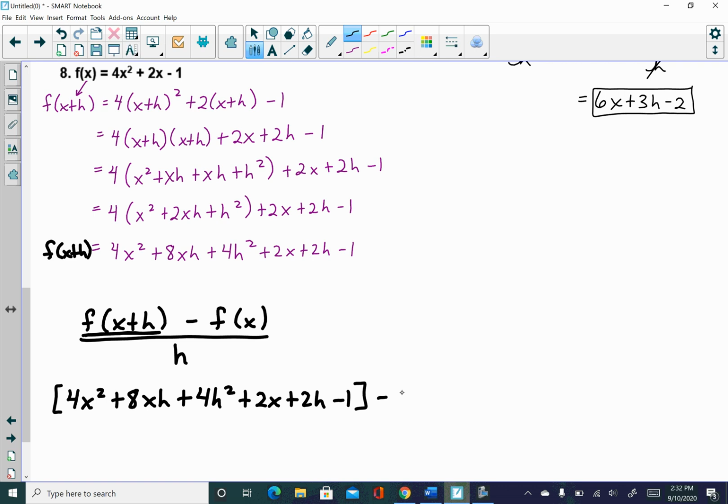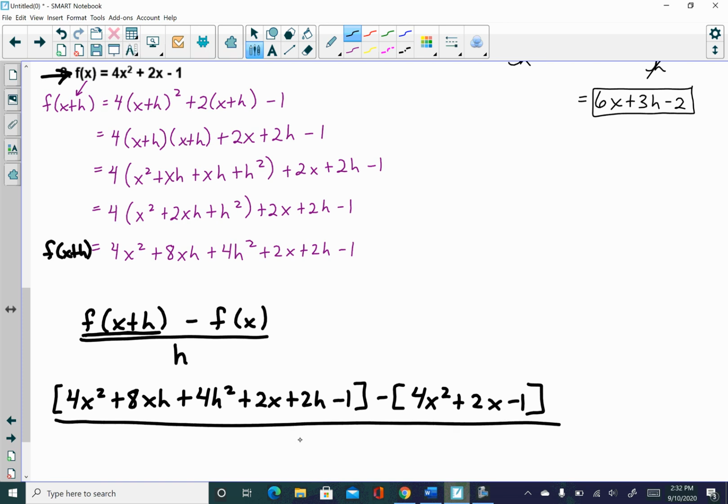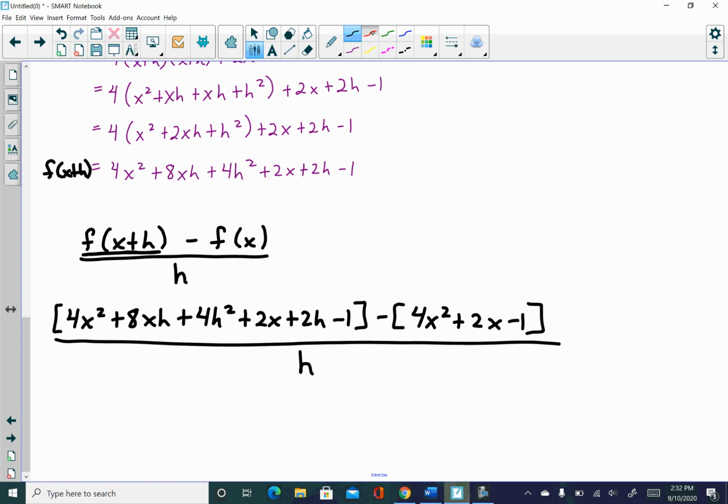Now you subtract f of x. Remember, f of x is given to you right at the very beginning. So subtract your 4x squared plus 2x minus 1, all of that divided by an h. Remember, you've got a negative 1 that has to be distributed to all three of these terms.